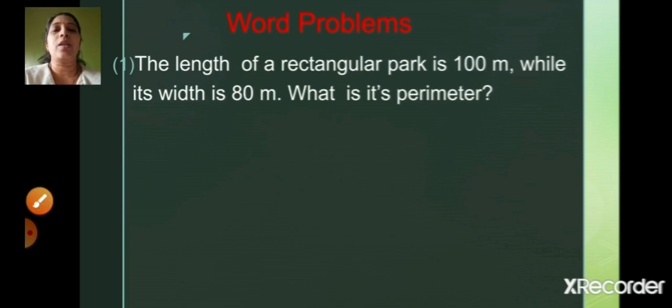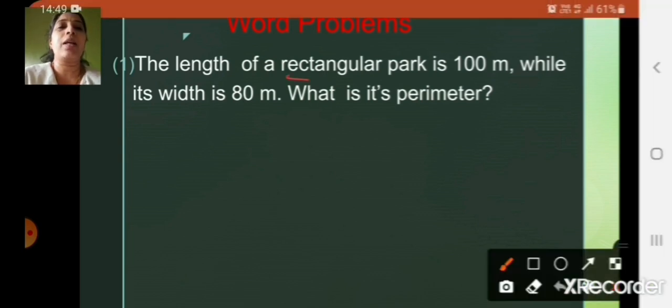So in the question it is given, children, it is a rectangular park, right? And what is the length? It is 100 meter. And width means, children, it is called as breadth also, right? It will be given in the question either as breadth or as width. Both are the same. So what you can do, children, you can make a diagram if you want.